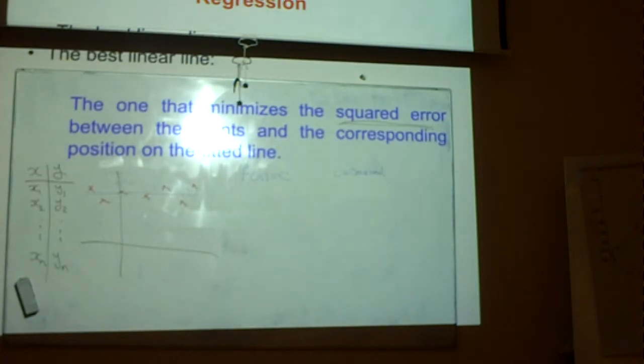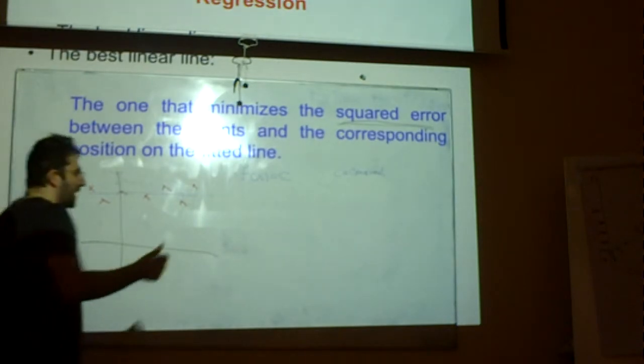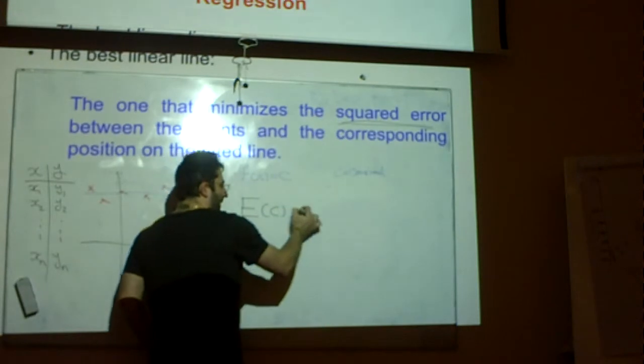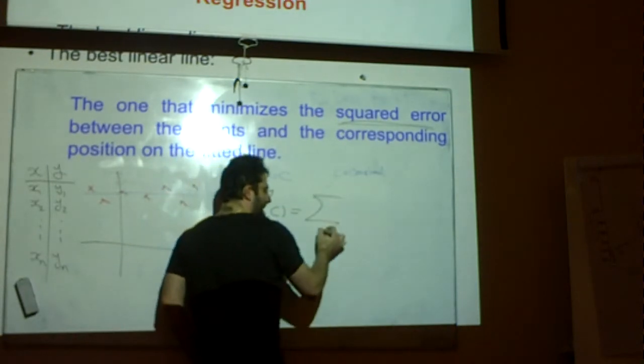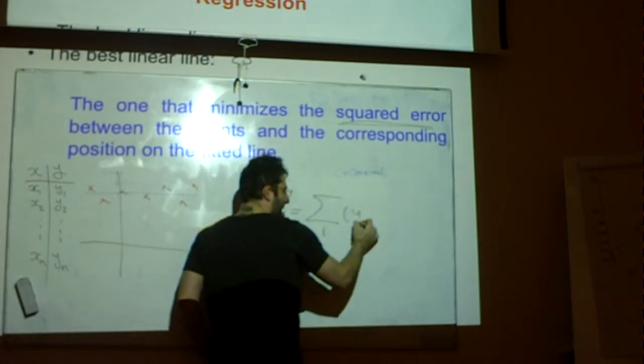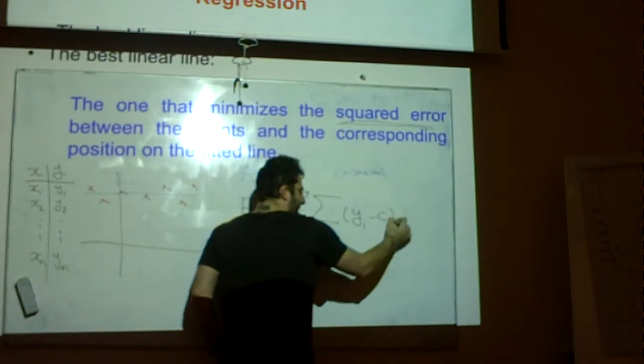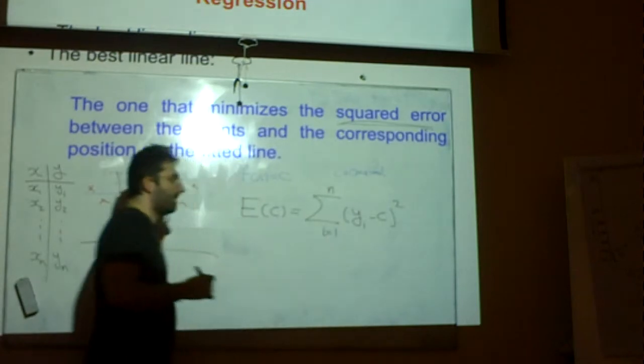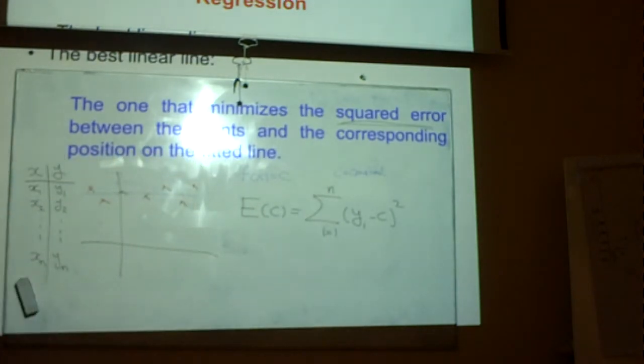Establish your error function. How does the error function look like? It will be something like the summation over i of (yi minus c) squared, i starts from 1 to n. Now, what do we want to do?